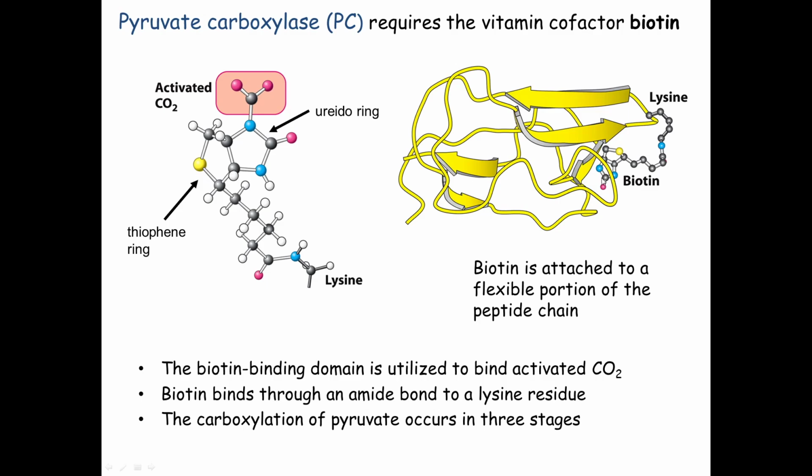The other 5-membered ring is made up of 3 carbons and 2 nitrogens, again with double bonds in it, and it's called a urido ring because it resembles urea. Right? The middle part of it looks almost like urea. We have a carbonyl and 2 nitrogens. So a thiophene ring and a urido ring. On the urido ring, this nitrogen is where we're going to attach our CO2.